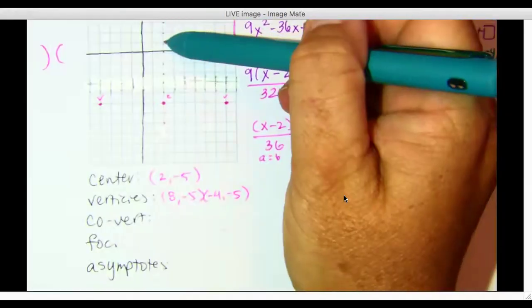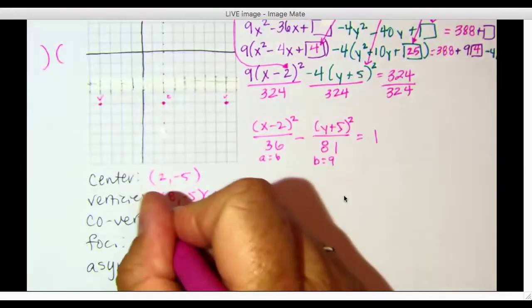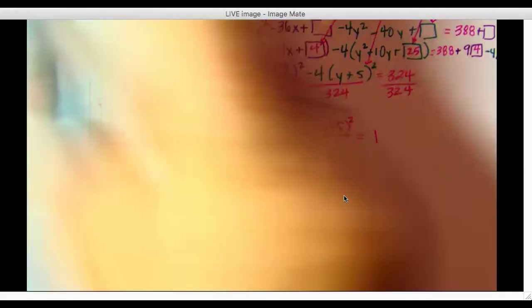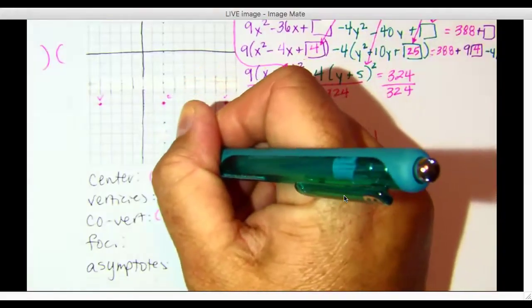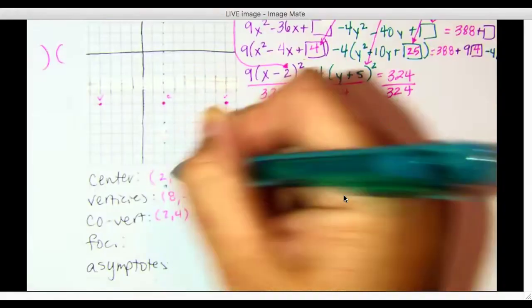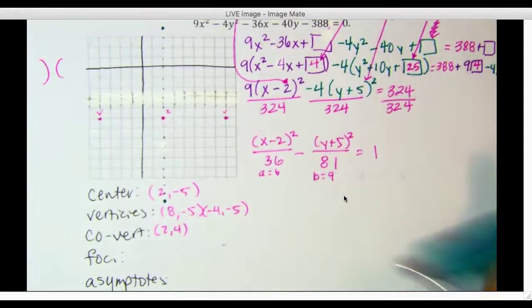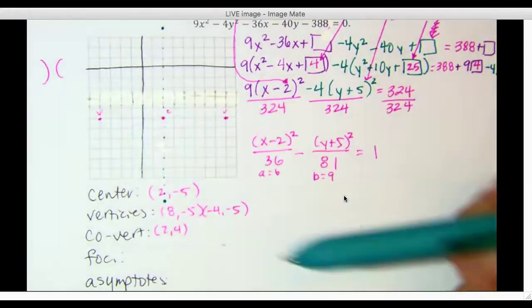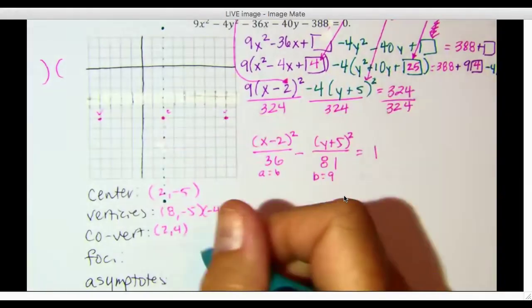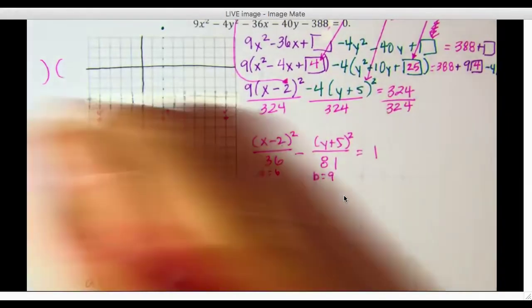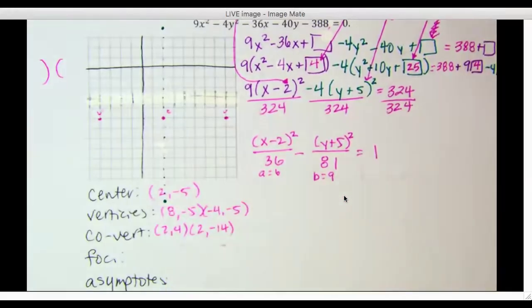That is at 2, 4. And then down 9, 1, 2, 3, 4, 5, 6, 7, 8, 9. Again, off the grid a bit there. That's okay. That's going to work out just fine. And that was down 9 from -5, so that's -14. So this is at 2, -14. Okay. So those are co-vertices.